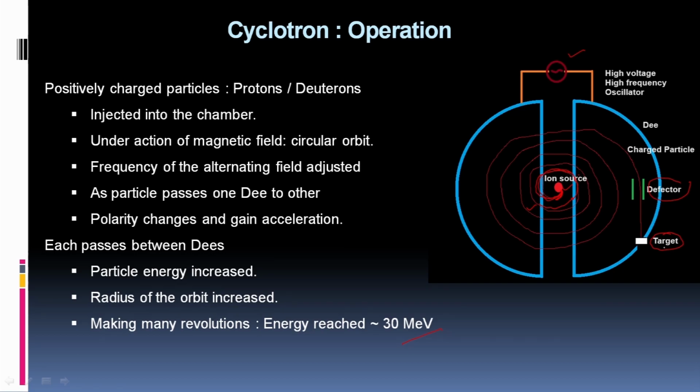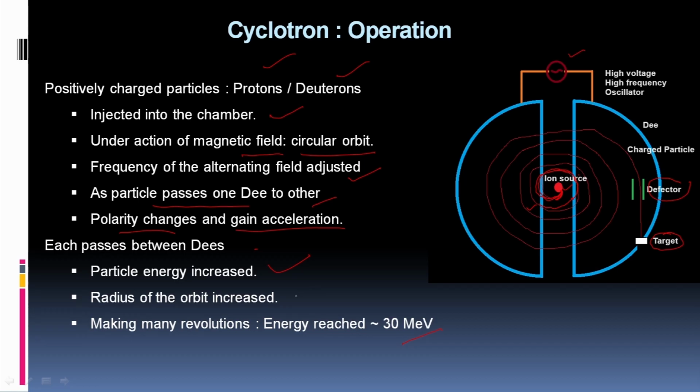So in short, in cyclotron operation we have an ion source which injects positively charged particles, that may be protons or deuterons, into the chamber, and these charged particles rotate in circular orbits under the action of the magnetic field. The frequency of the alternating field is so adjusted that as the particle passes from one D to the other, the polarity changes and it gains acceleration, and each pass between the Ds increases the particle energy.